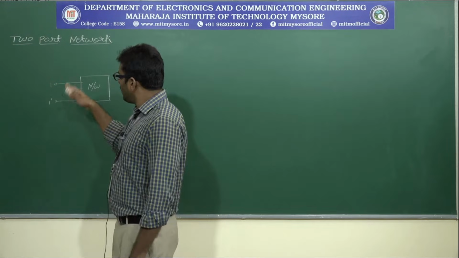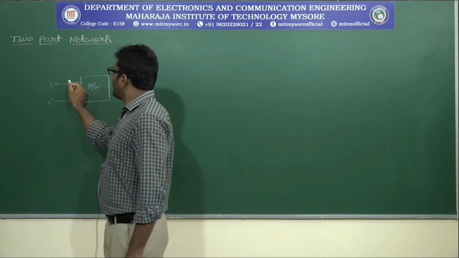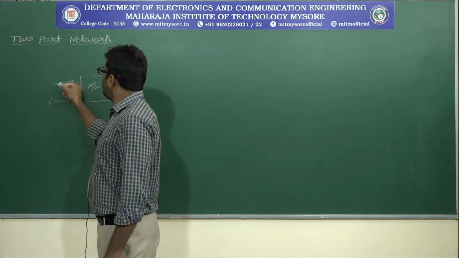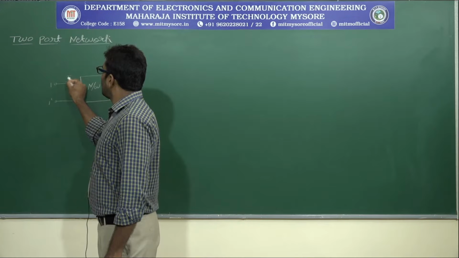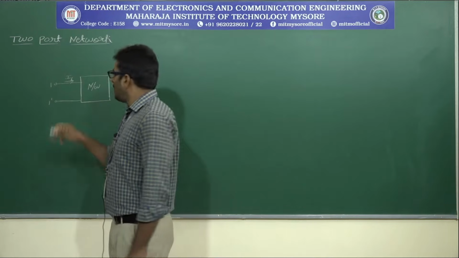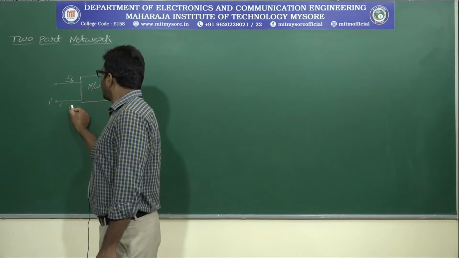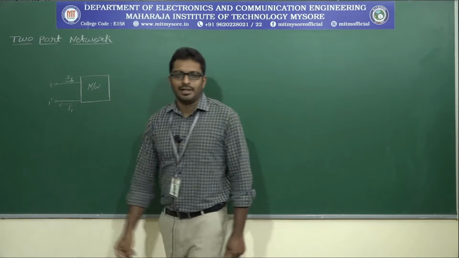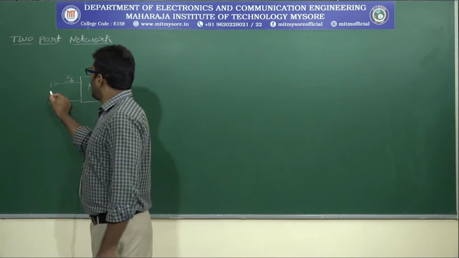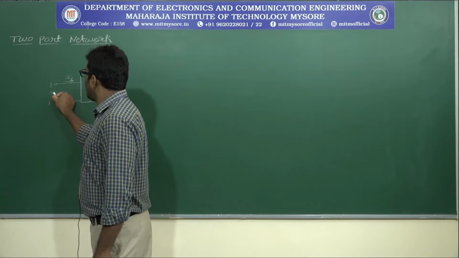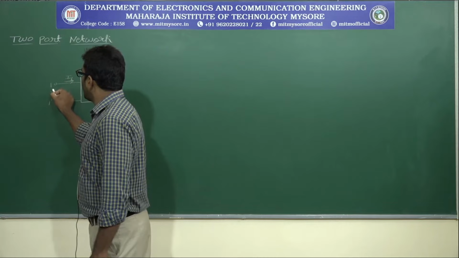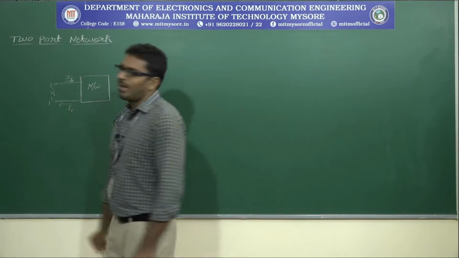Because there is only one set of terminals, the current I enters into the port, and current leaves the network from the other terminal. The voltage across this is V1 with polarity plus and minus.